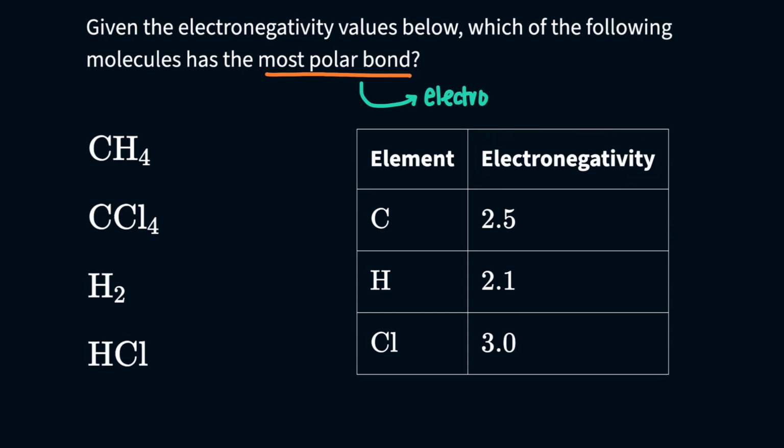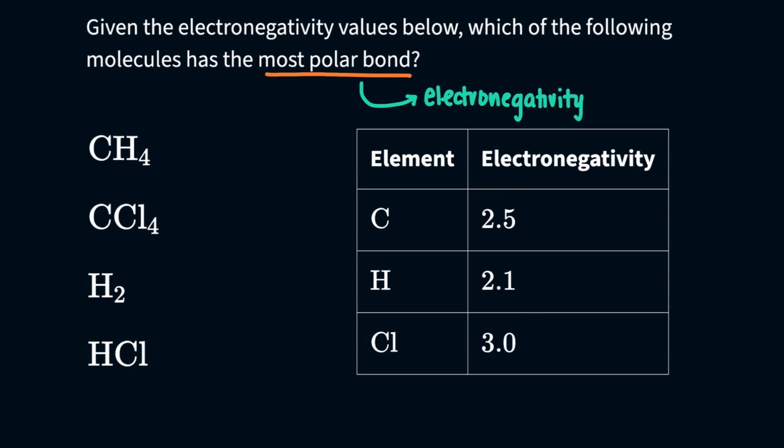So that's the property we have to go to. It's not ionization energy, electron affinity, or atomic radii; it's your electronegativity periodic trend, or if they give you specific numbers like this, we're just going to take the numbers.